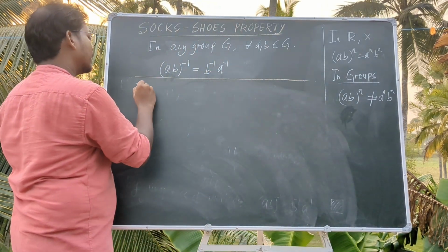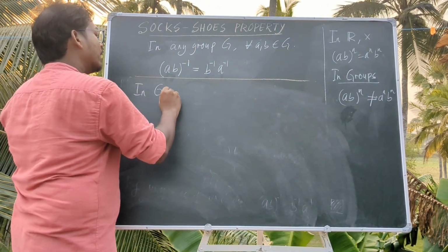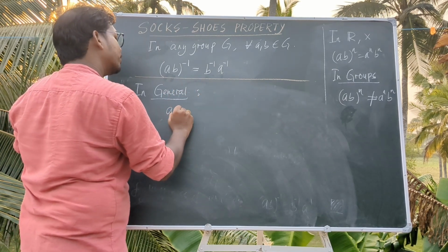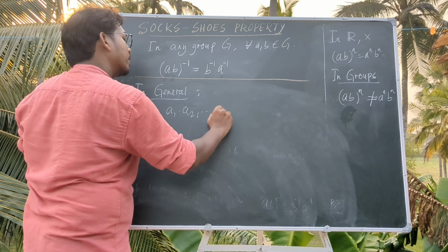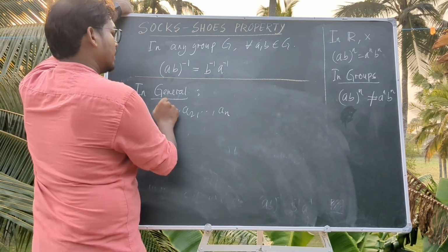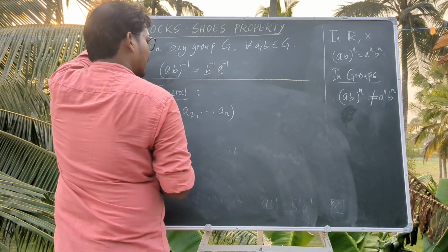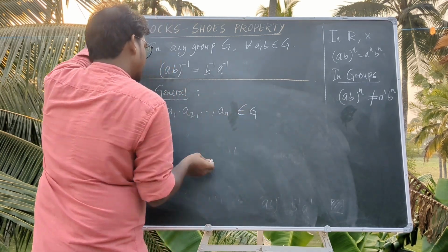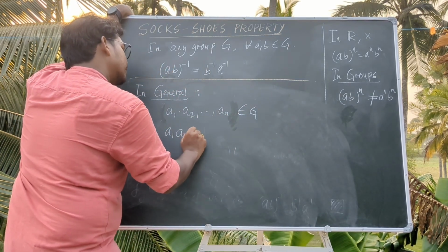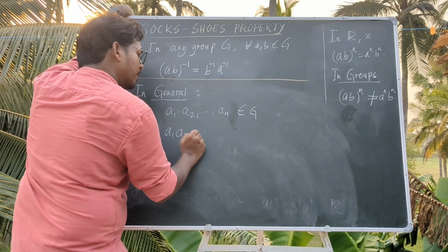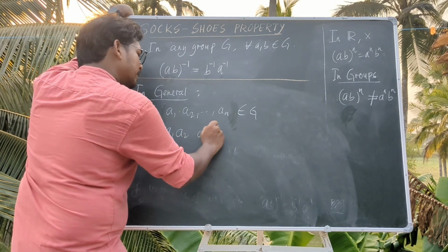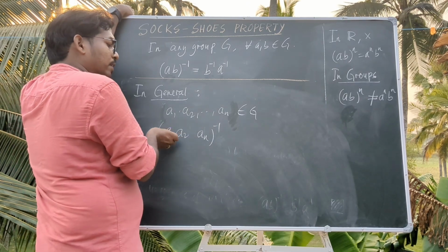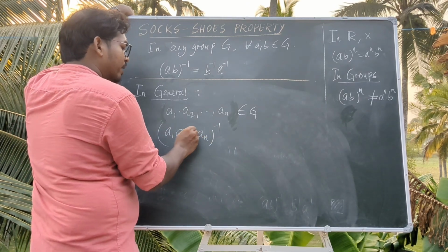In general, suppose we have n elements, all from our group, and we are trying to find the inverse of the element where we have operated a1 with a2, a3 and so on up to an.